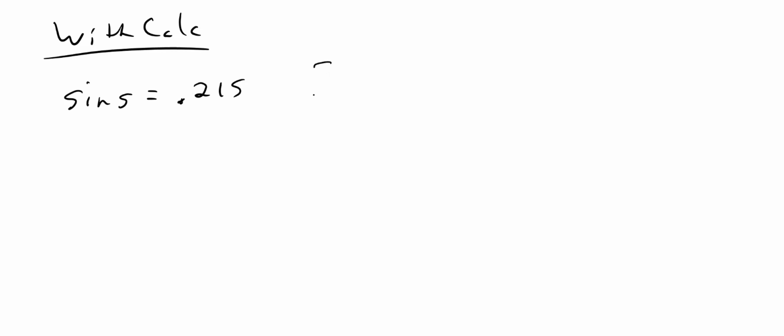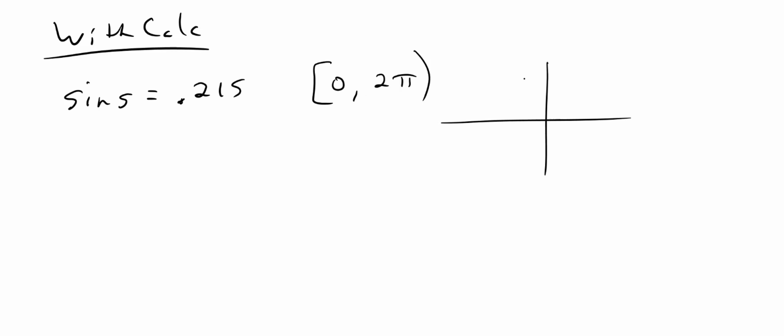Okay, and it's between 0 and 2 pi. So remember, we got two restrictions. One is between 0 and 2 pi, so that's all four quadrants. And then sine of S is positive. So where is it positive? Well, it's positive here and here. So what does that mean, math fans? It means there are two answers.